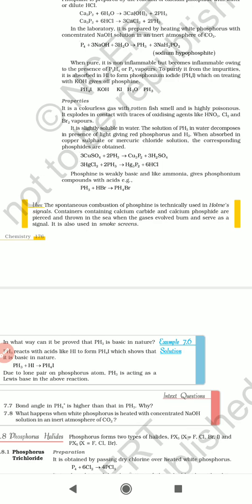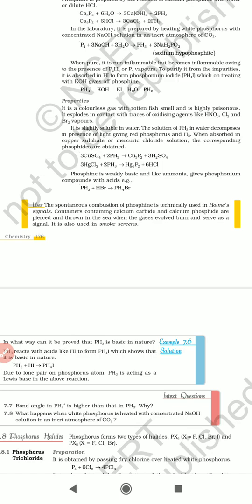Containers containing calcium carbide and calcium phosphide are pierced and thrown in the sea. When the gases evolved burn, it serves as a signal. It is also used in smoke screens.